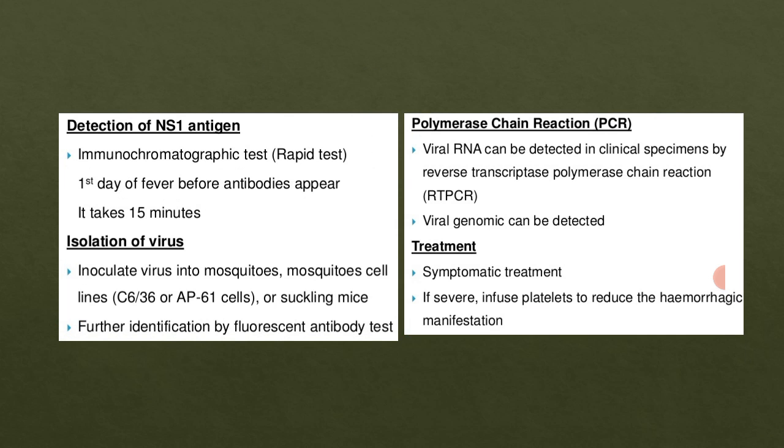Then in the antigen detection, we can determine the NS1 antigen, present on the structure of this virus. You can see in the previous slides, the nucleocapsid surface particles are present, so we can determine the NS1 antigen.